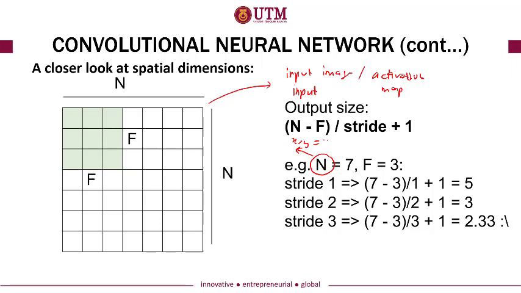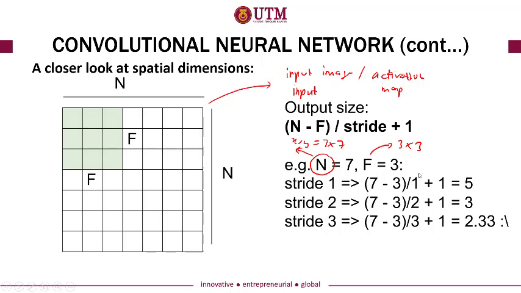In the previous example it is 7 times 7, so n is equal to 7, and this is your filter size, 3 times 3. So if your input matrix is 7 times 7 and the filter size is 3 times 3, then in order to estimate the stride which fits your operation, you need to apply this formula, because you must get an integer number. If you get an integer, then you can apply that stride.